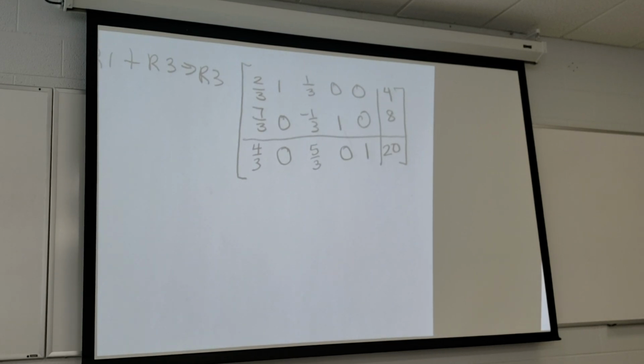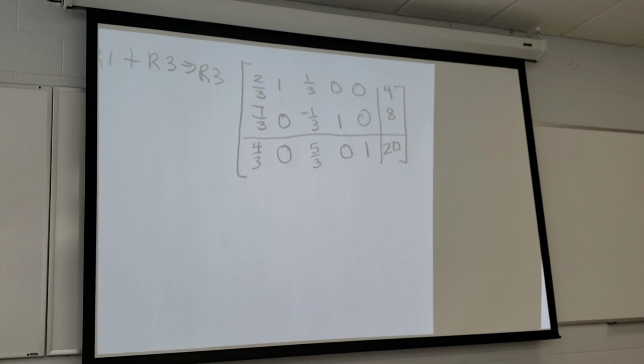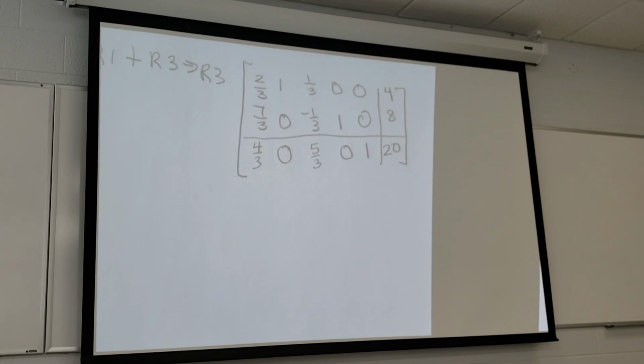Now, in column 2, do I have a 1 and everything else zeros? Yes. Good. So I'll stop for a second. Then I look at the bottom row. Excluding this value, leave this one alone, in row 3, is there any negatives?